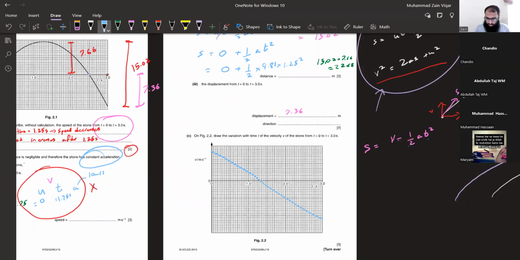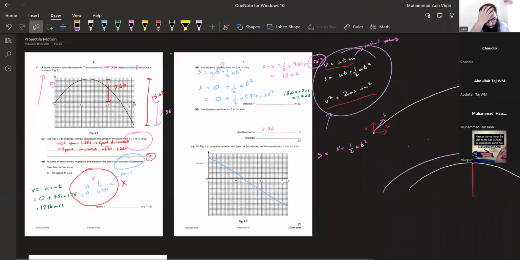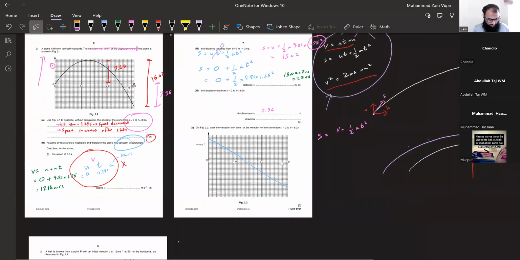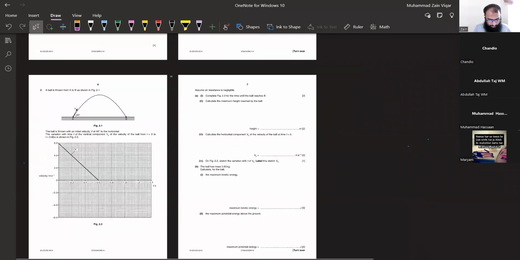Okay, I need to be somewhere, so I'll be ending the class today. And as I told you, from tomorrow we'll be having extended classes, which will go on till I guess 11:30. We were supposed to do some questions of projectile motion, but we didn't. So I'll probably try to do some more questions as well, just so you get an idea of it.